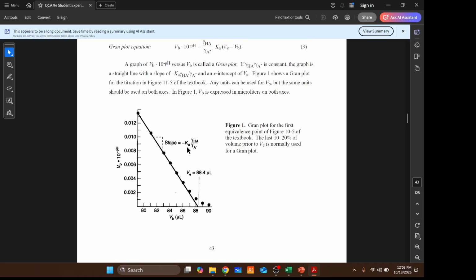So take your slope, get rid of the negative sign, and then you're going to be taking this, and you're going to multiply by, how do you get rid of these? If you have your slope, what do you need to multiply by to get that slope out?